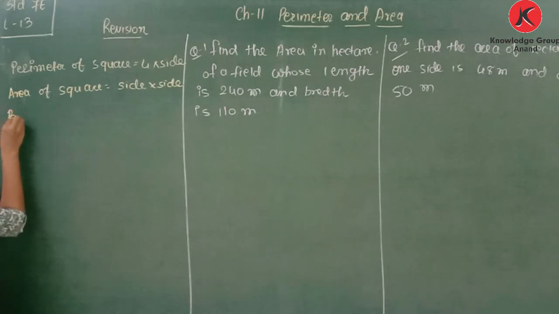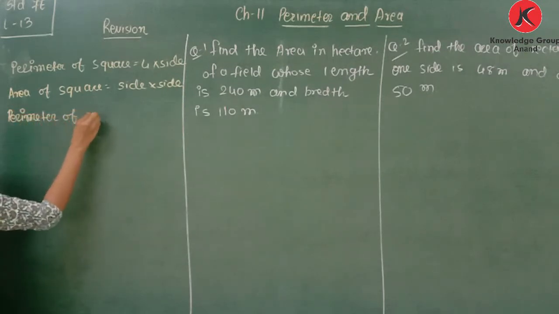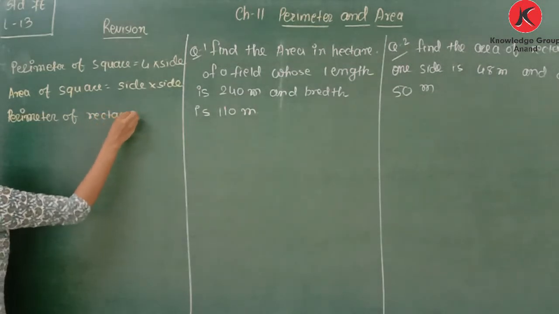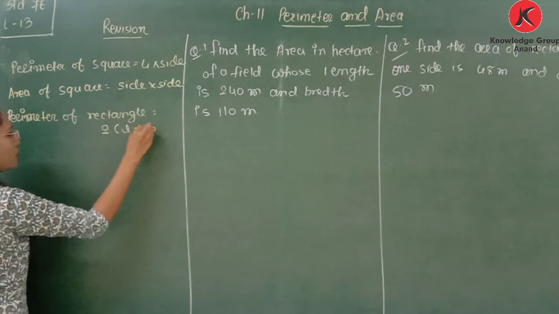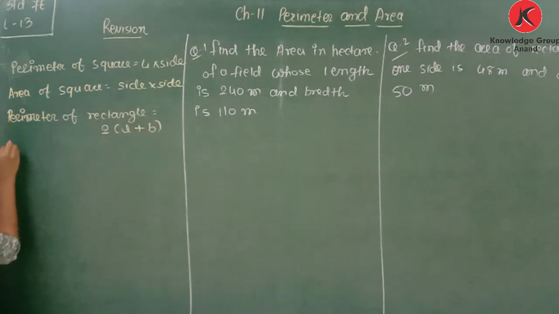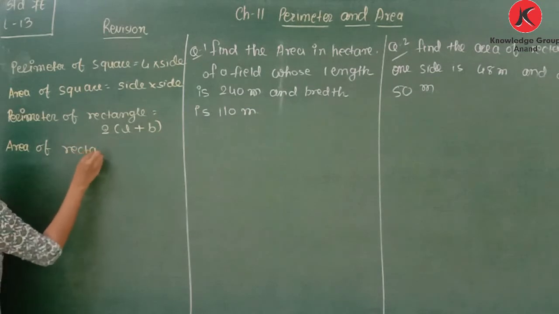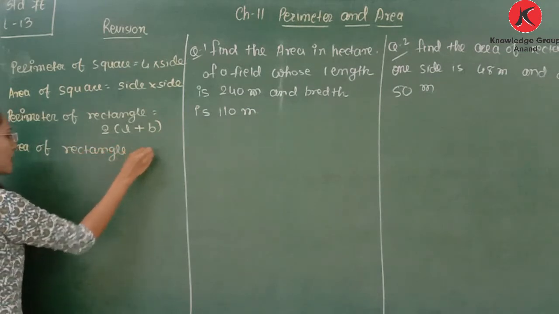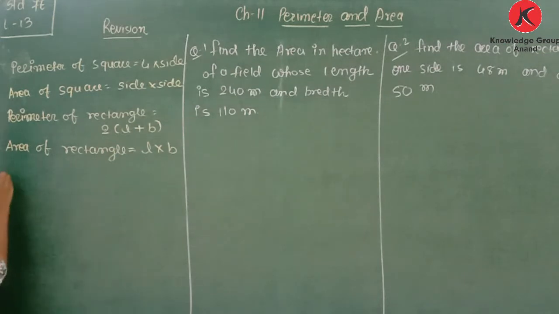After that, perimeter of a rectangle. What is the equation of the perimeter of a rectangle? That is 2 multiplied by (L plus B). And area of a rectangle, that is L multiplied by B. After that we learn about the circumference of a circle.